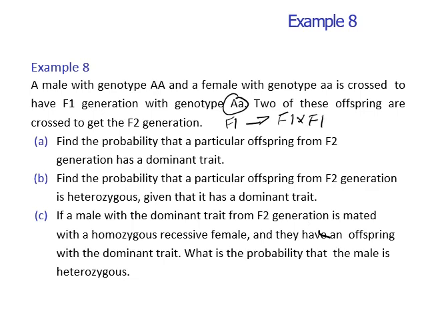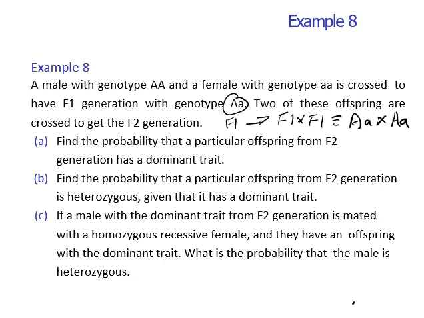Let me just erase all this. Which is technically Aa times Aa. That gives you your F2. So what is the probability that F2 has a dominant trait? We can just look it up.